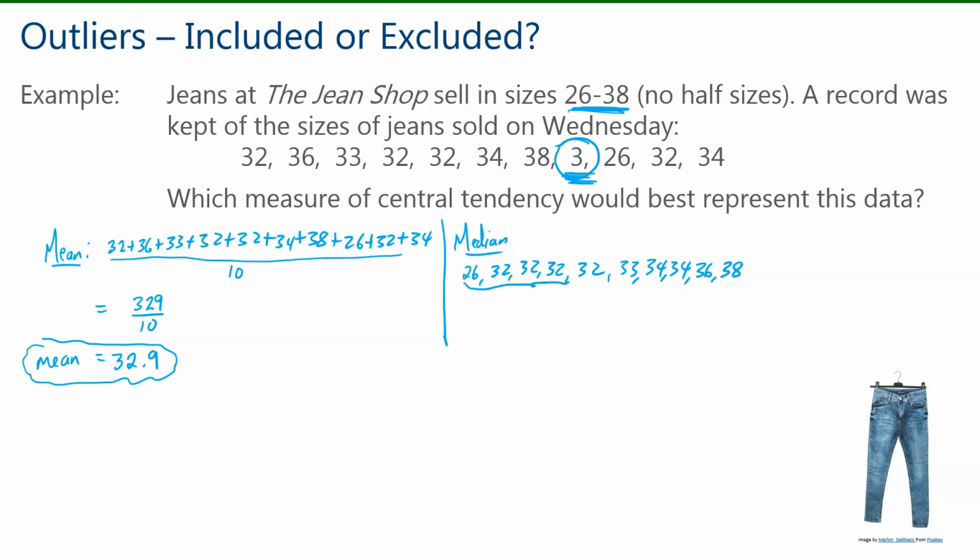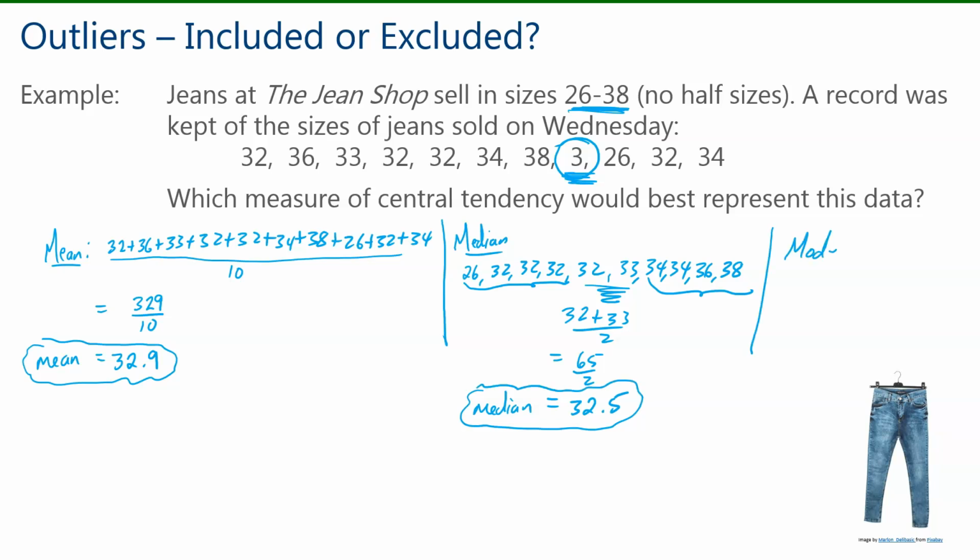I group the first 4, I group the last 4. In the middle, I have a 32 and a 33, and the halfway point or the midpoint between 32 and 33 will, of course, be 32.5. Median equals 32.5. And now we'll consider the mode.